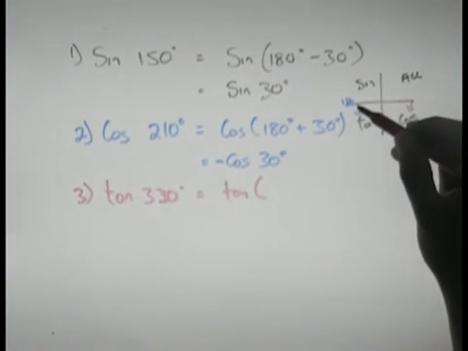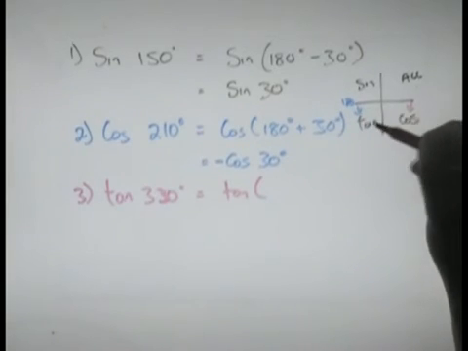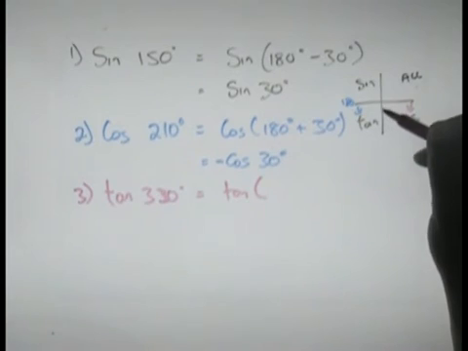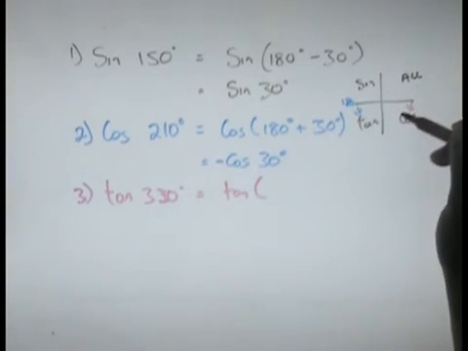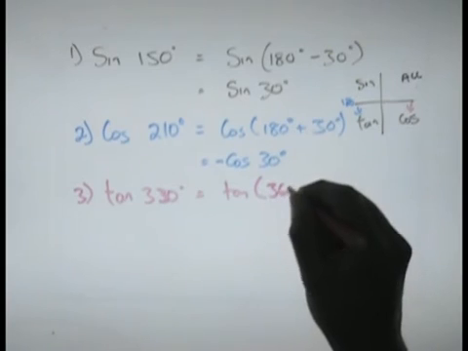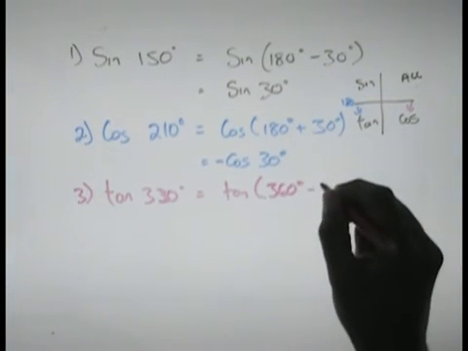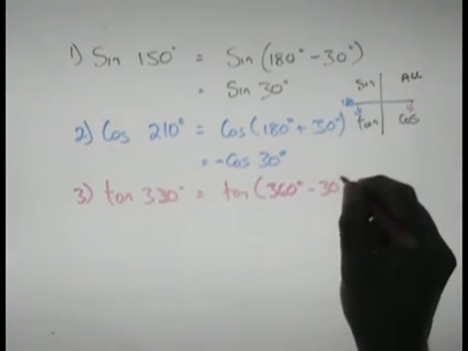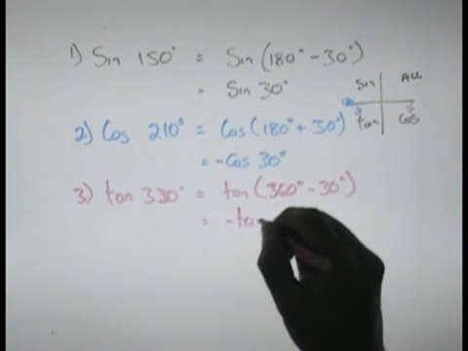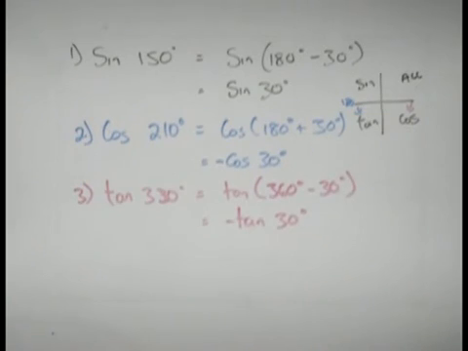So it's no use saying 180 degrees plus 150. It's no use in saying that. But if we work backwards here, we can say it's the same as 360 degrees minus 30 degrees, which is going to equal negative tan 30 degrees.